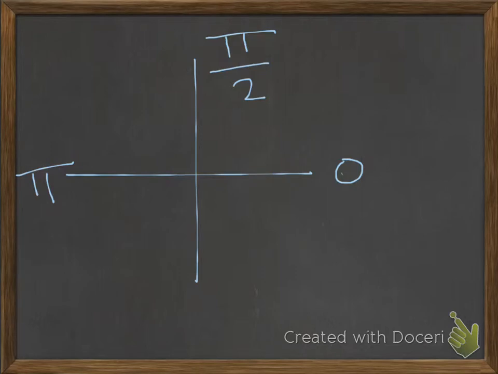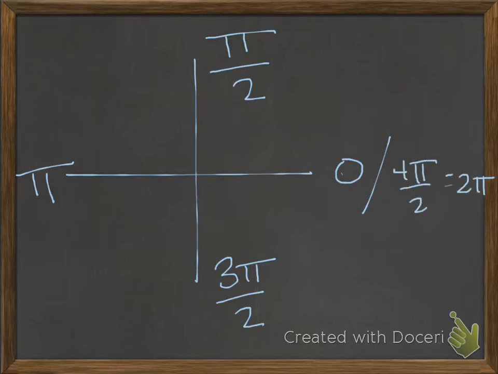If I add it again, I'm at 3 pi over 2. And if I add it one more time, I'm now at 4 pi over 2. And 4 pi over 2 is equal to 2 pi. And we discussed yesterday that one full time around is equal to 2 pi. So that's how we're going to work our way around these circles.